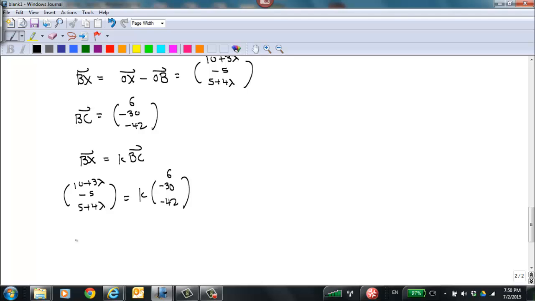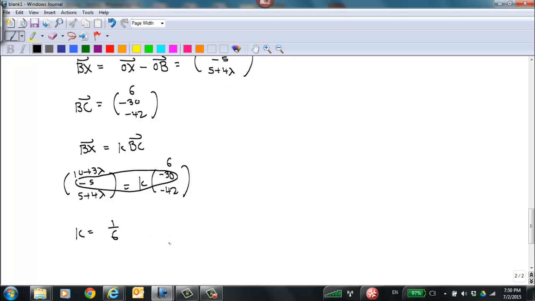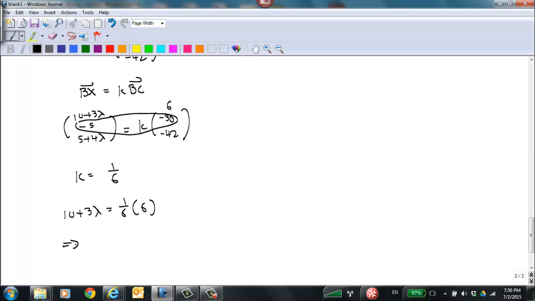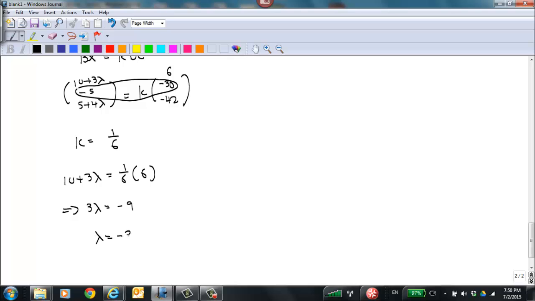So this means that K must be equal to minus 1 over 6 from this row. Oh, sorry, it should be 1 over 6. Okay, K equals 1 over 6. And because K equals 1 over 6, we know that 10 plus 3 lambda is equal to 1 over 6 times 6. This means that 3 lambda is equal to minus 9, lambda equals minus 3.